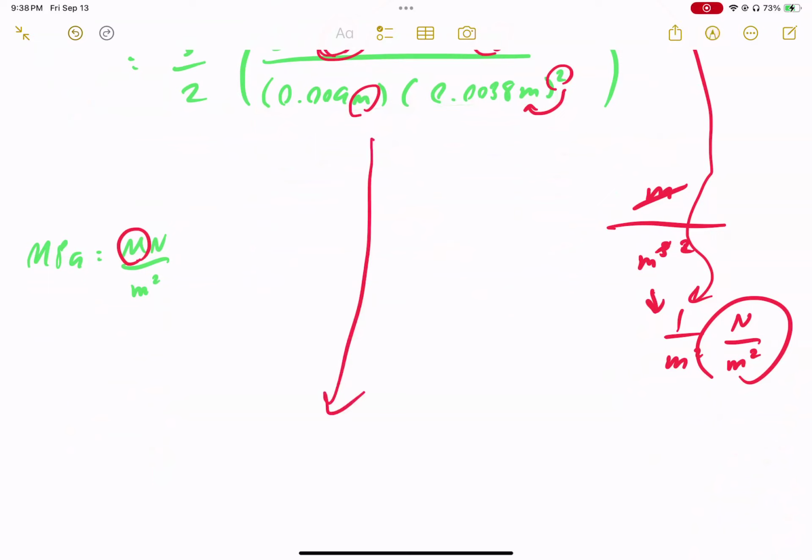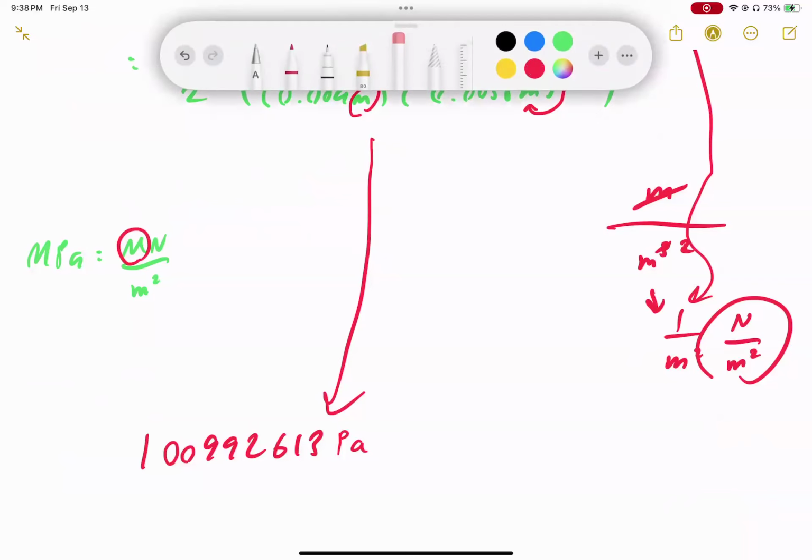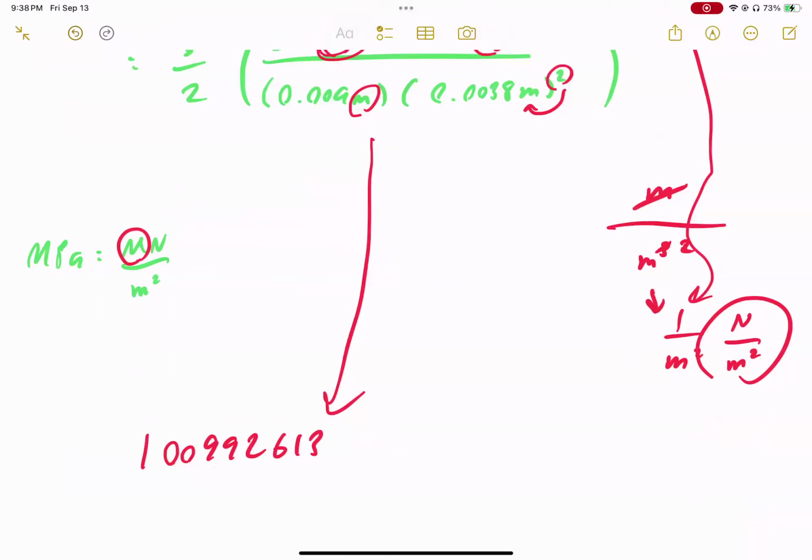So you see in the calculator, I get 1.009922613. Let's do pascals. Actually, no, I shouldn't do pascals. I mean, I can, but since I mentioned newtons over meter squared so many times, I might as well do that. Remember, pascals is equivalent to newtons over meter squared.